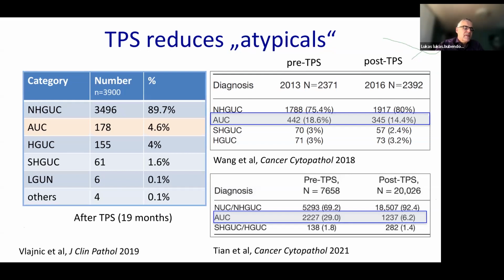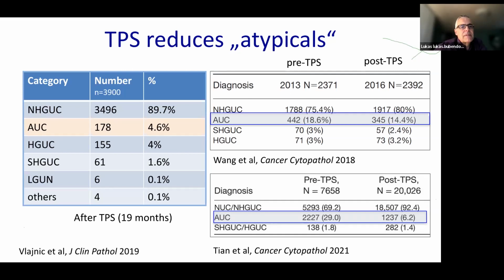Now, there have been several studies since the TPS1 book, and it showed, fortunately, that applying the TPS rules, you can reduce the atypicals. That was our goal, actually, and this is achieved. So on the left, you see our own data from like 3,900 cases from the post-TPS era, so diagnosed in daily practice.